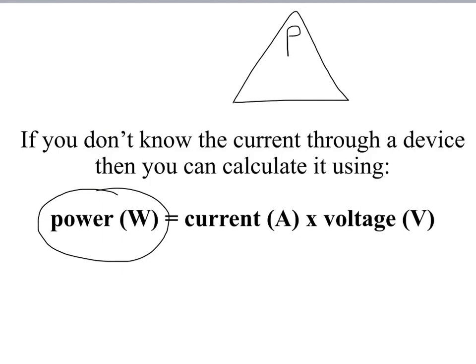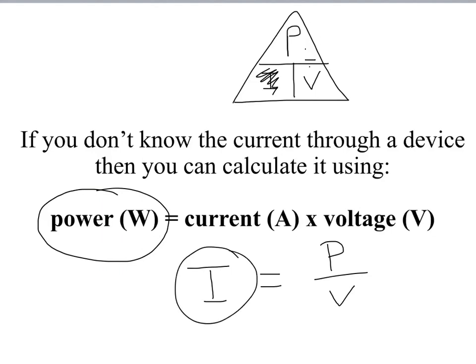So we've got power, we've got current, and we have got voltage. So if we want current, we cover it up, and we have to do power divided by voltage, or I equals P divided by V. So if we do that, we can then calculate our operating current here and choose a fuse which is a little bit higher than that.